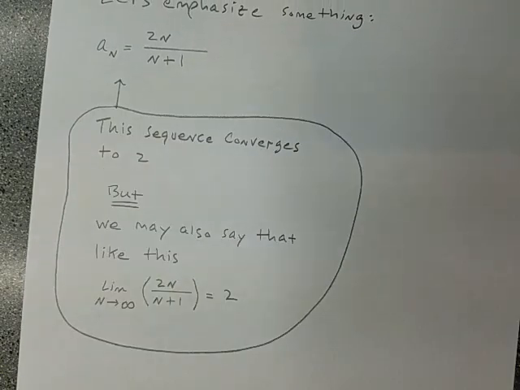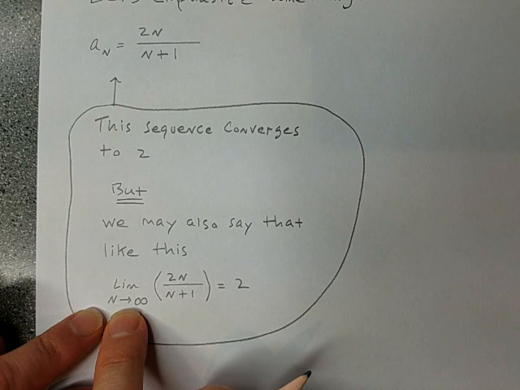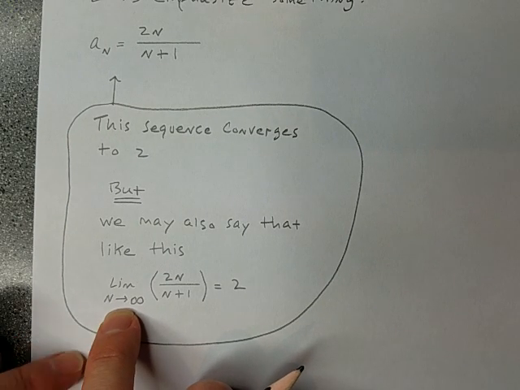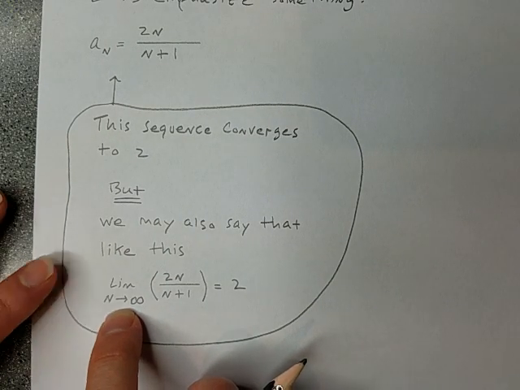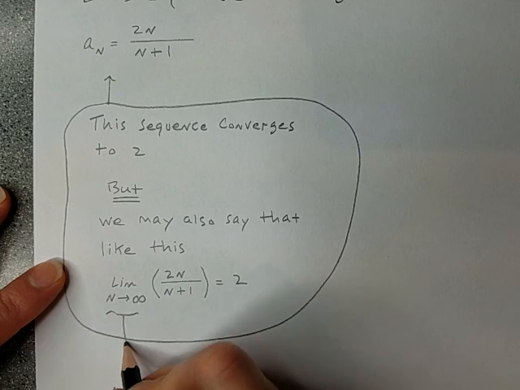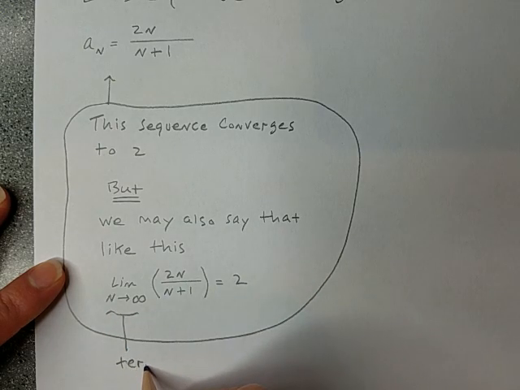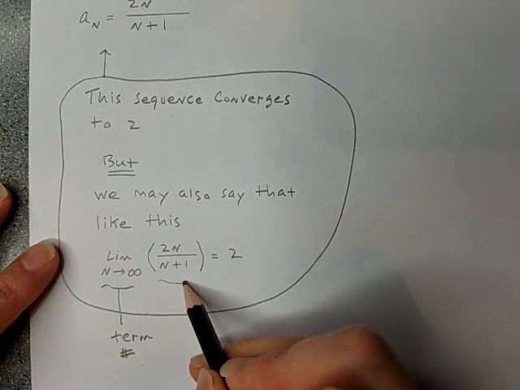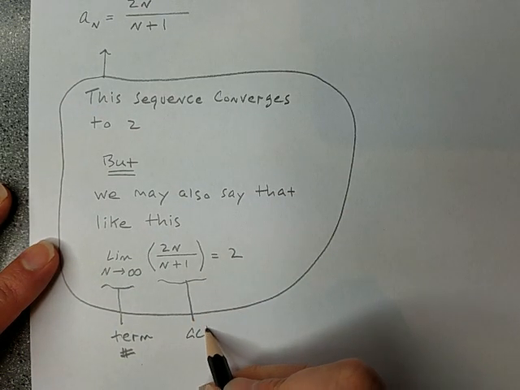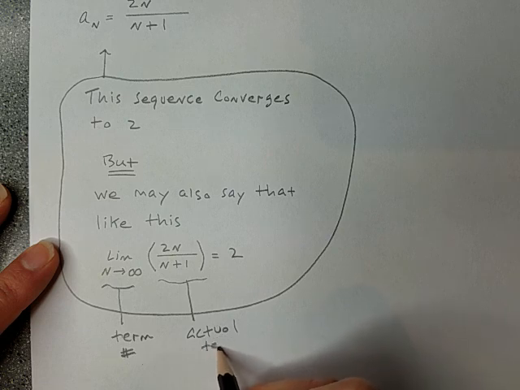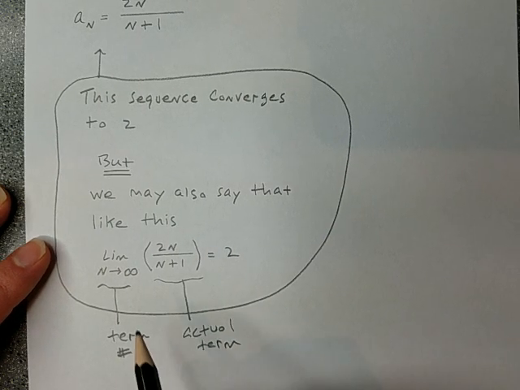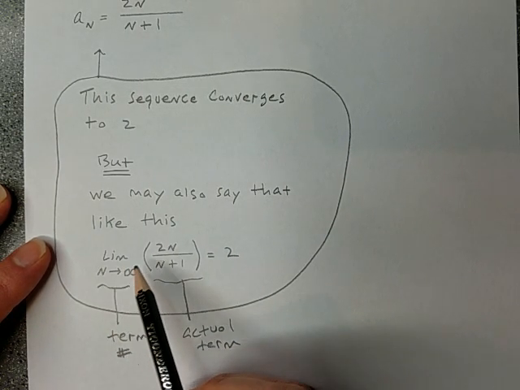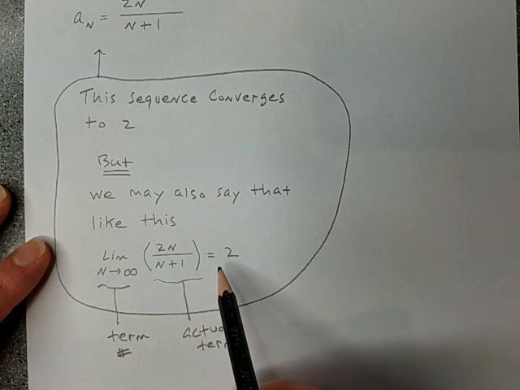So think of it like that. That n, that's the term number, that's where it is in the list, okay? And then right here, that's the actual term. As you go further down the list, the terms you see will get closer to 2.